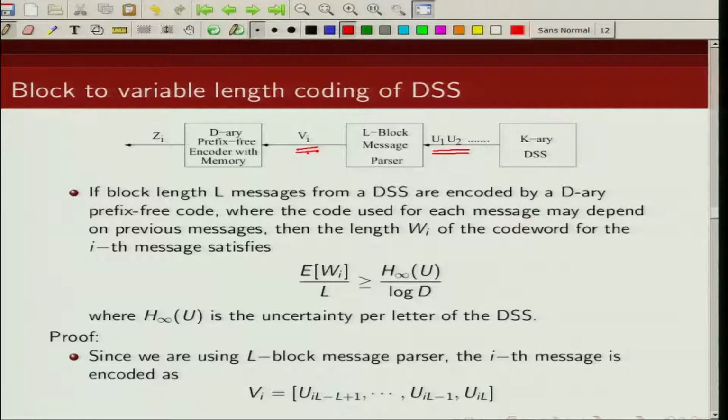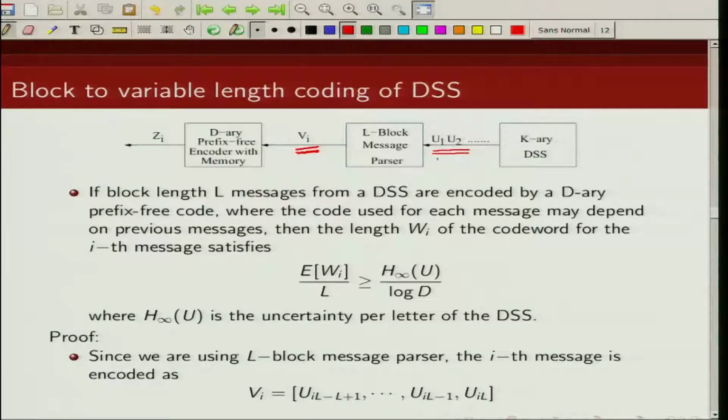So V1 is U1, U2, U3 up to UL. V2 is UL plus 1, UL plus 2 up to U2L, and so on. So Vi is the output of the source parser, Ui's are the output of the discrete stationary source, and Zi's are the output of your block to variable length coder, which exploits the memory of the source.